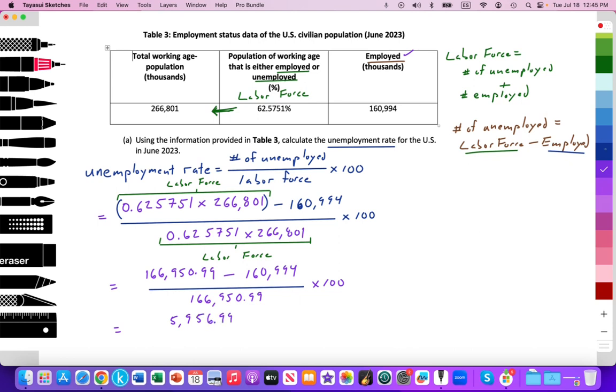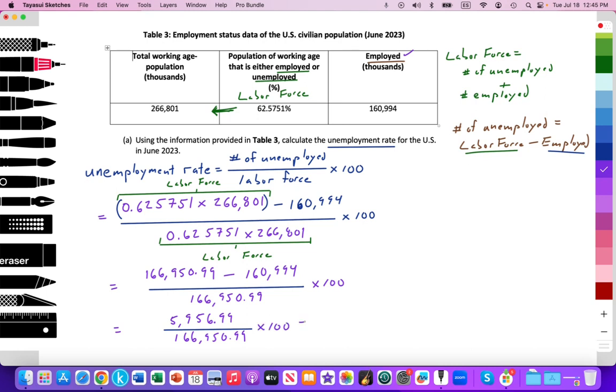So that's going to be equal to 5,956.99 divided by the labor force, which we have 166,950.99, times 100.